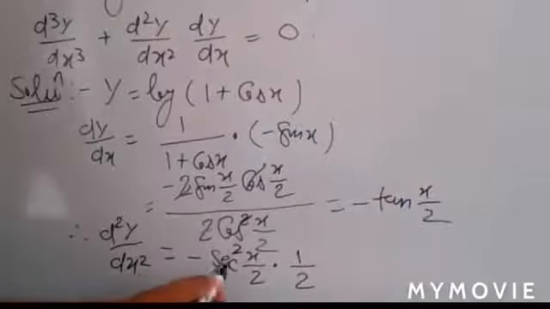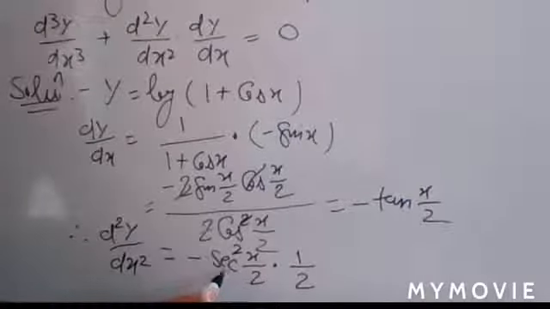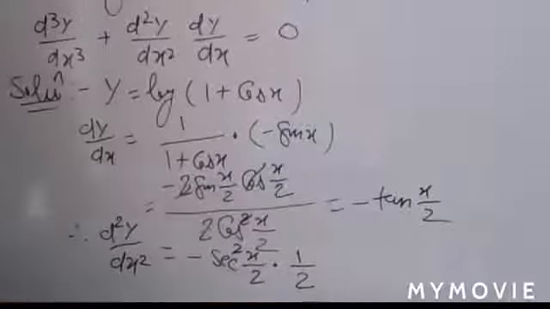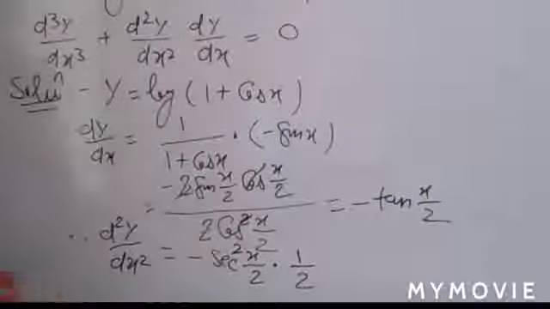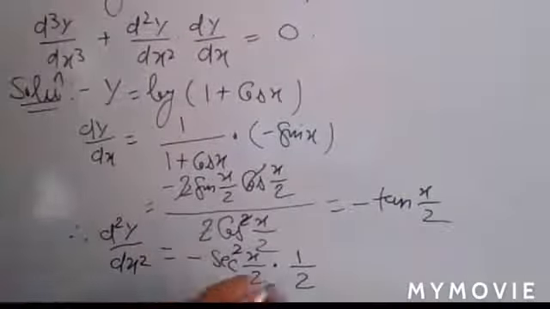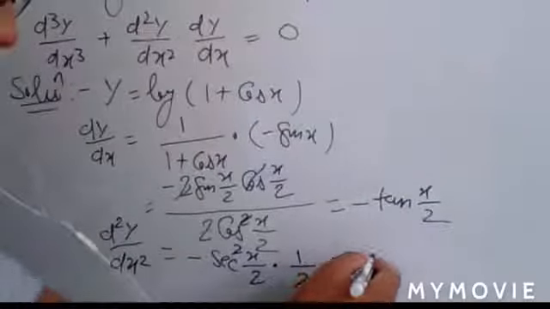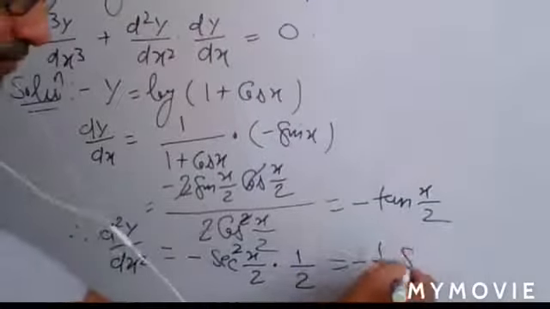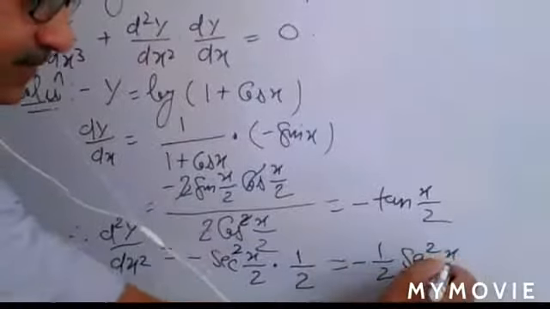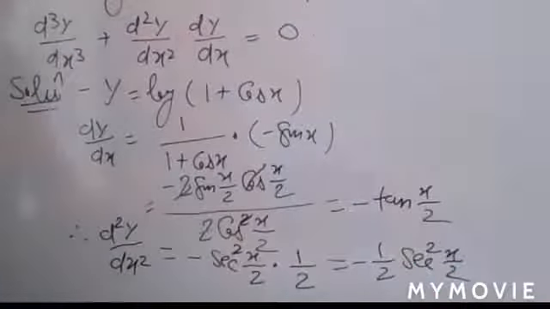Understand? So here you apply the formula for tan. So overall, your value of the second derivative is minus 1 upon 2 sec square x by 2. So that gives the value of the second derivative.